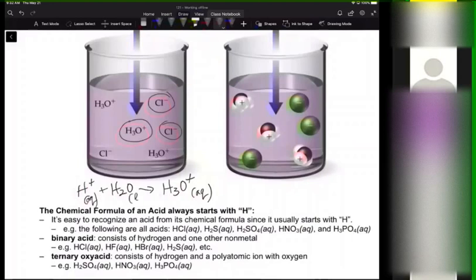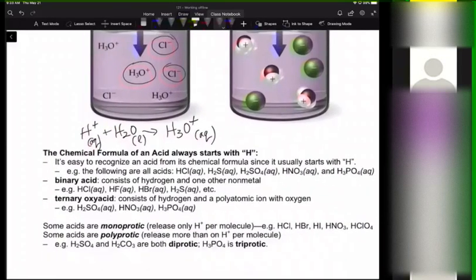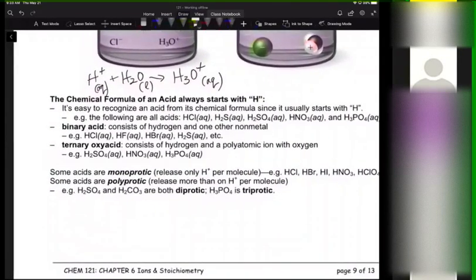Now water is never aqueous because it's a pure substance. But essentially the H+ and the H3O+ are the same. We write them in a similar way. It's just an issue of balancing and showing the water molecule or not showing it, just remembering that it's there. So for acids, we have a convention where we start the formula with the H.